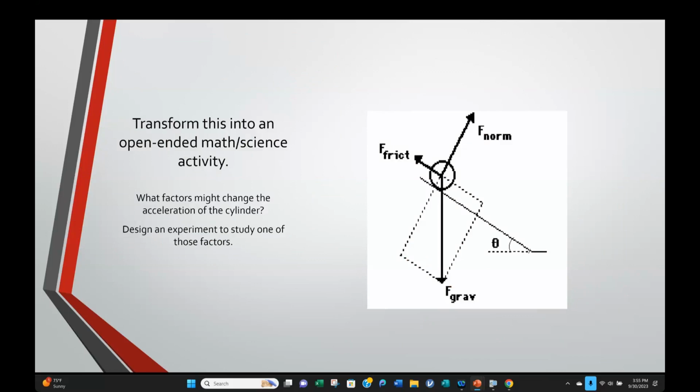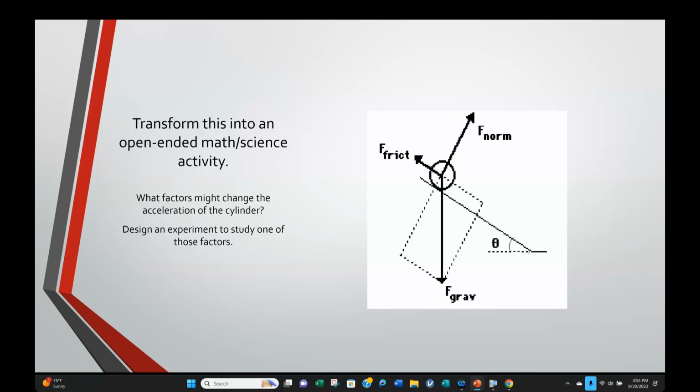And of course, I love to combine math and science. I never did get a chance to do this. So if somebody wants to, change it into an open-ended math science activity by asking the kids open-ended questions like what factors would change the acceleration of the cylinder, and ask them to study, okay, your group is studying that factor.